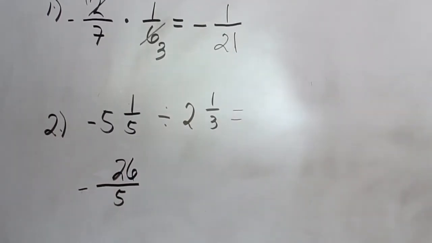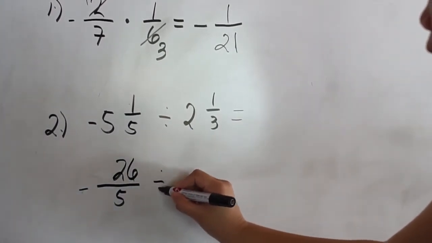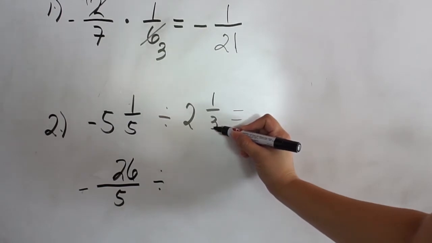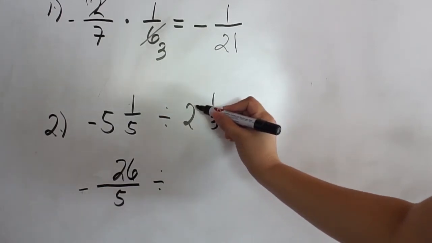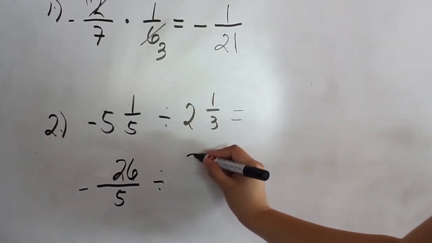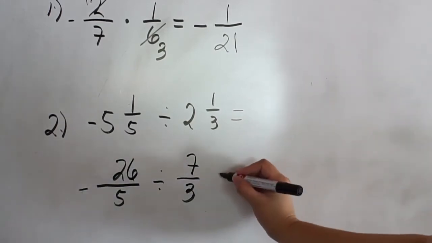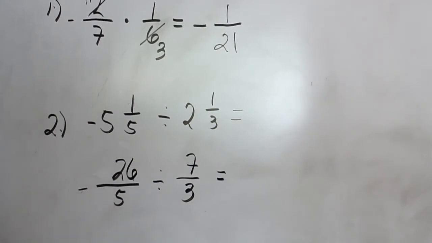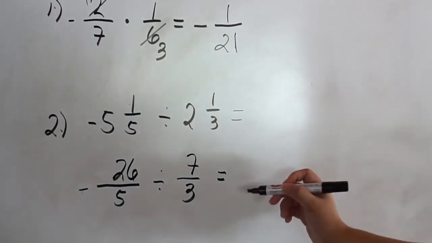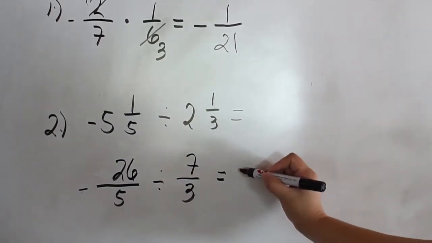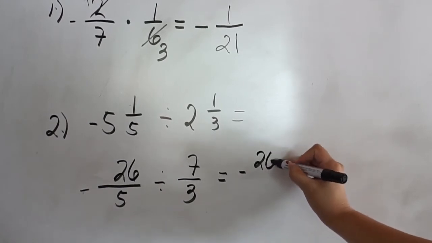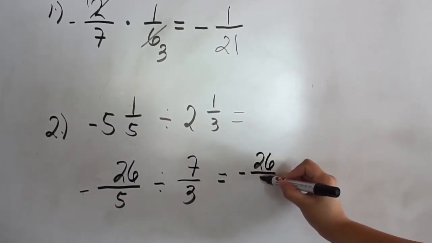And then next step is divided by 3 times 2, 6 plus 1, 7. So 7 over 3. And the next is to find its reciprocal. First, we will rewrite this. Negative 26 over 5.